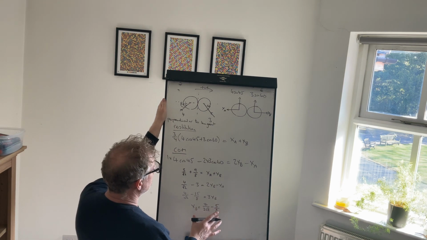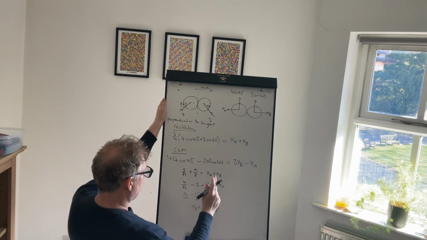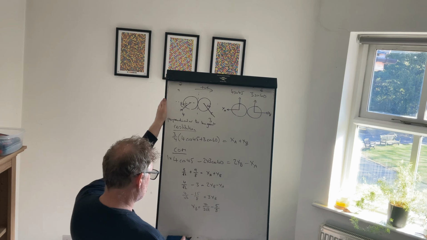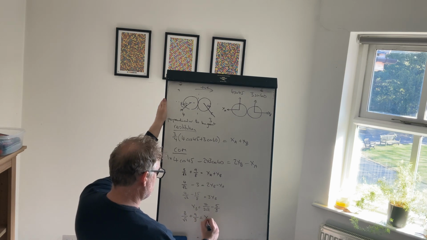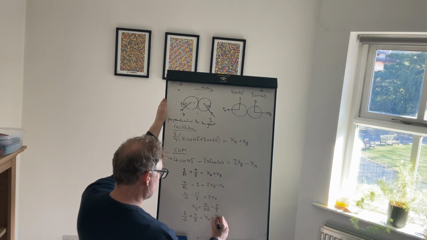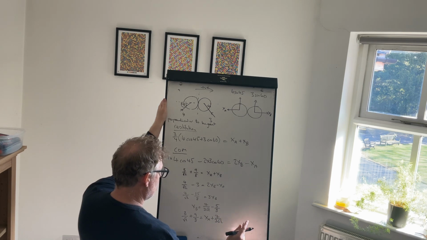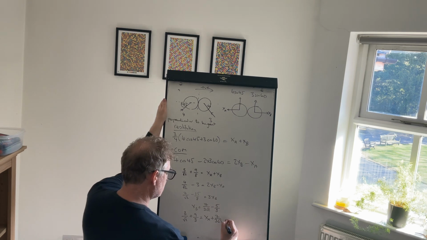And then we're just going to stick that into, how about this one here, to get what XA is. So we're going to get 3 over root 2 plus 9 over 8 equals XA plus 7 over 3 root 2 minus 5 over 8.